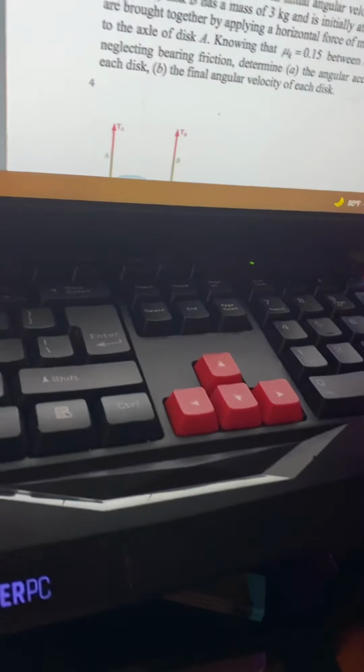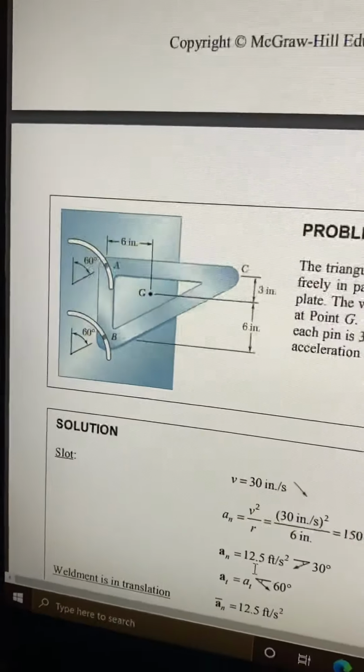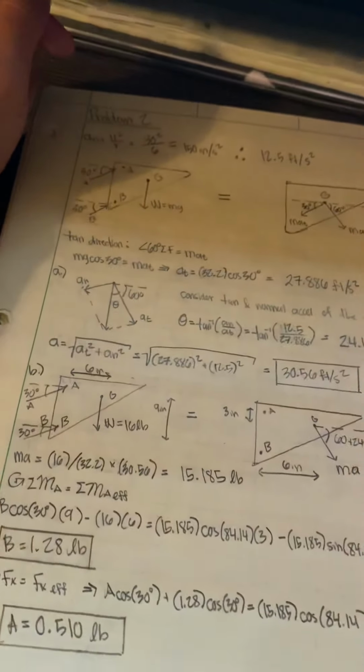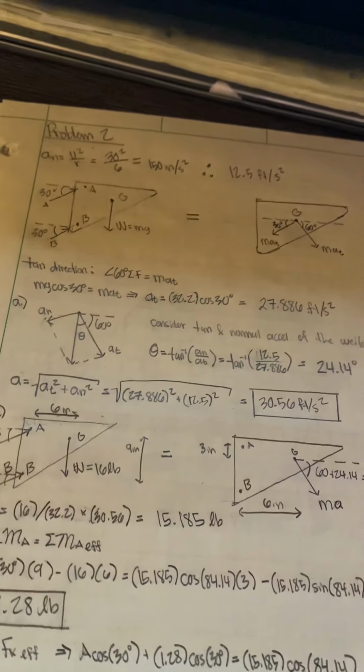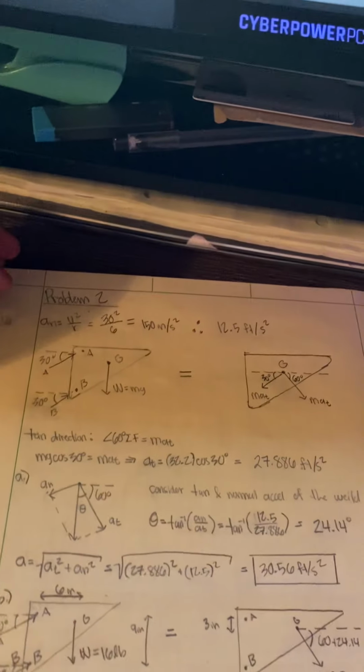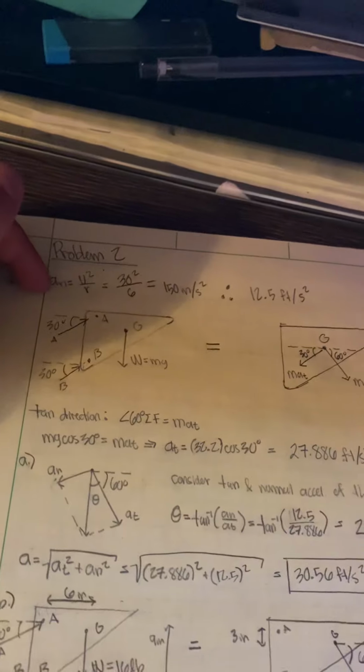Problem 2 gives us this system right here, and it's asking for the acceleration of the weldment and the reactions at A and B. So again, kind of similar to the previous one, except for this one we're solving for the normal acceleration and tangential acceleration.